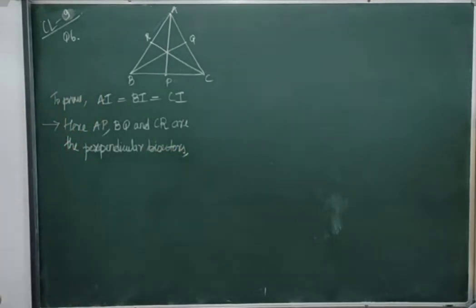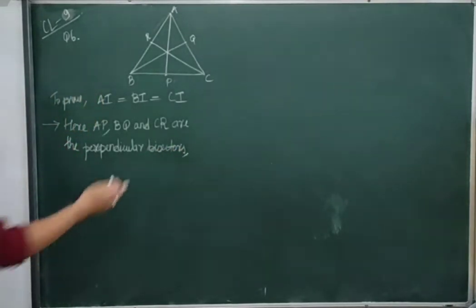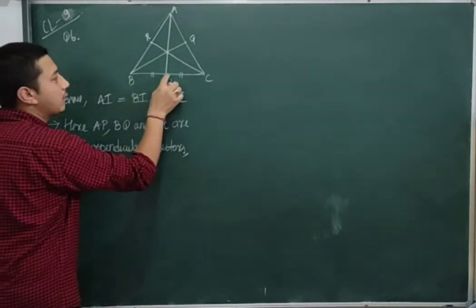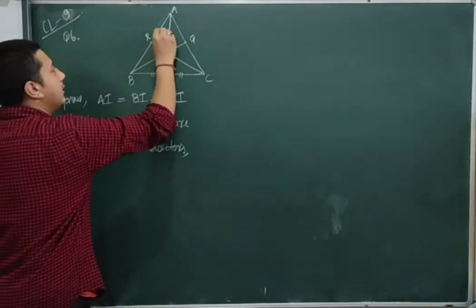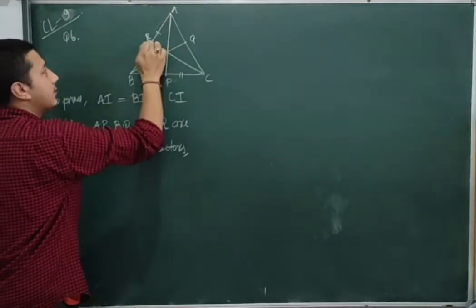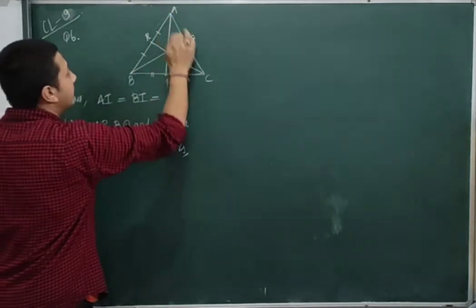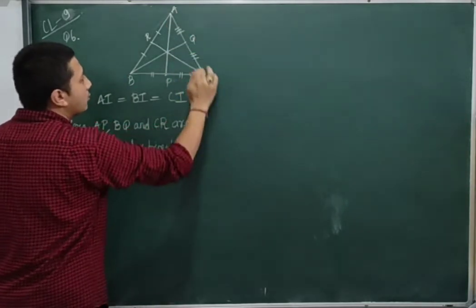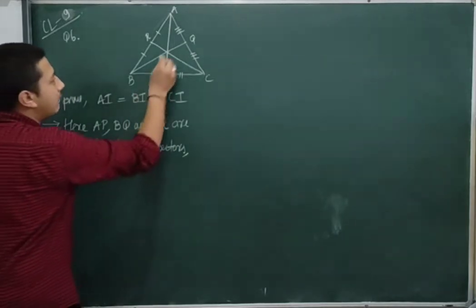Okay, so bisect means divide equally. So this will divide BC, this is equal to this. Similarly, this is equal to this, and similarly this is equal to this. Okay, and all of them meet at I.